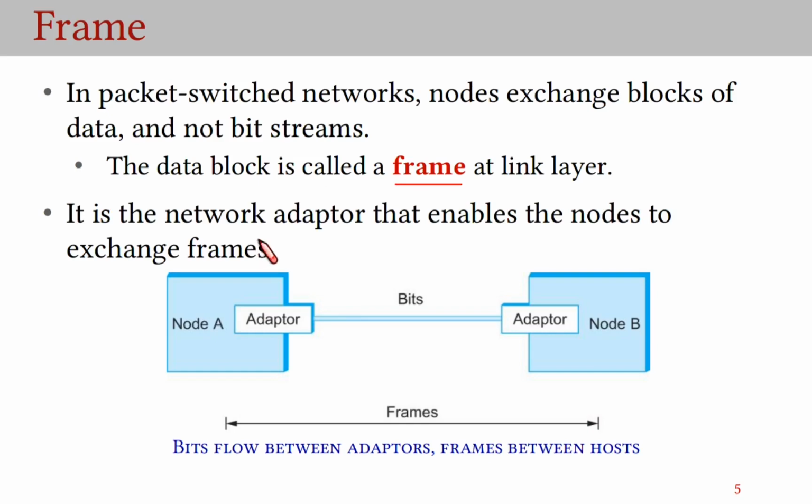It's the network adapters, which we discussed in a previous video, also called NICs or network interface cards, that enable the nodes to exchange frames. As Peterson and Davie put it somewhat poetically, bits flow between adapters, but frames flow between hosts.